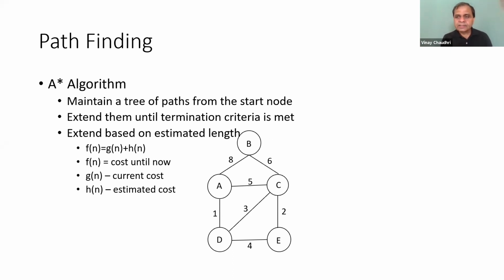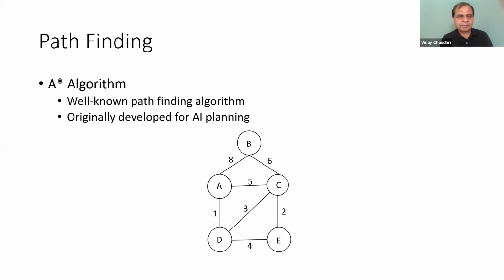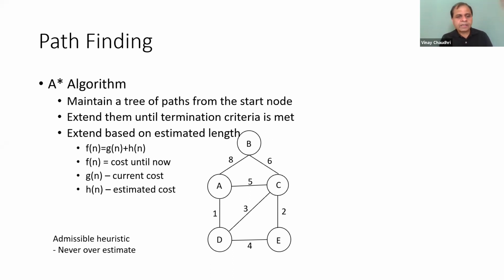Hn here is clearly an estimate because we have not reached our end state, so we don't know what the exact cost is. Hn is simply an estimate, and that's why it is known as a heuristic. In particular, we are interested in a certain class of heuristics which are known as admissible heuristics.